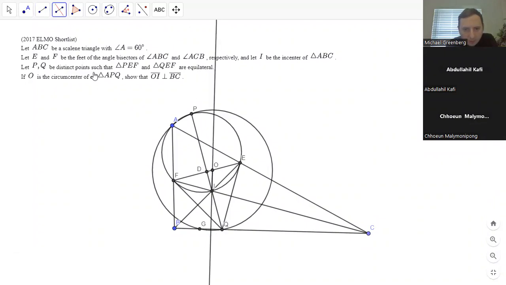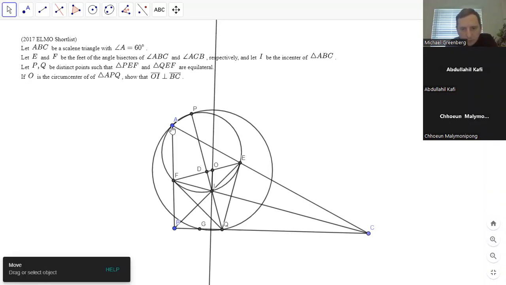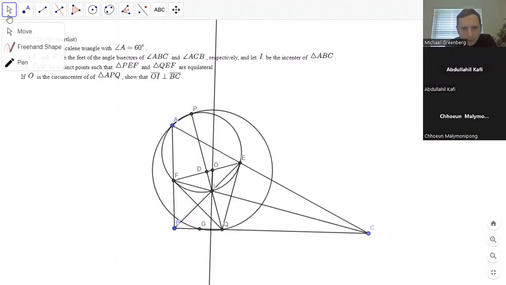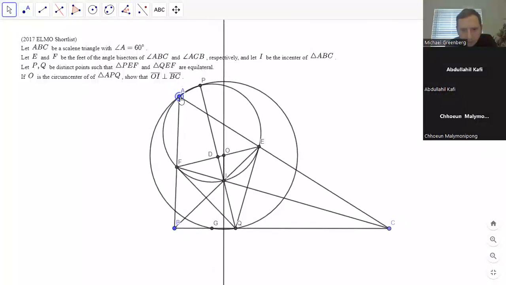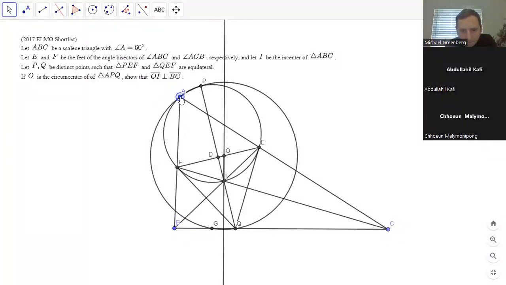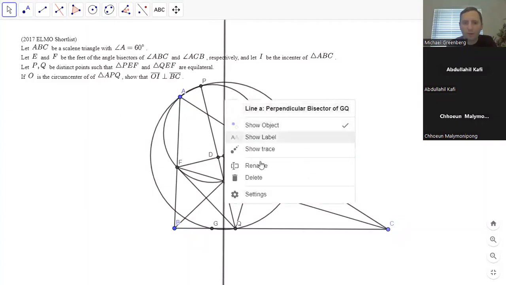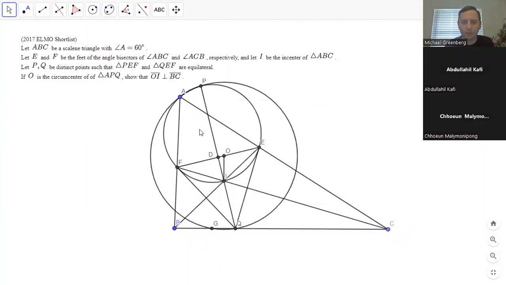So is this actually a perpendicular bisector? I don't think it actually is. Let's see. Oh, it looks like it is. Interesting. So, yeah, I don't know why that would be a perpendicular bisector.